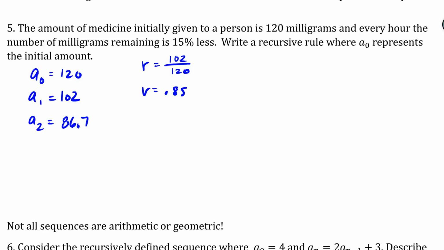Essentially, if I multiply each term by 0.85, I get the next term. So for a recursive sequence, I'm going to say any term of this sequence is equal to 0.85 of the previous term. So if I know how much of this medicine is in my bloodstream after 10 hours, I just multiply that by 0.85 and it'll tell me how much it is in the 11th hour.